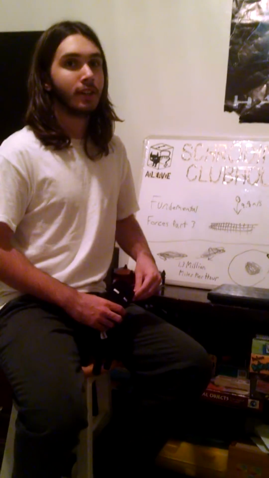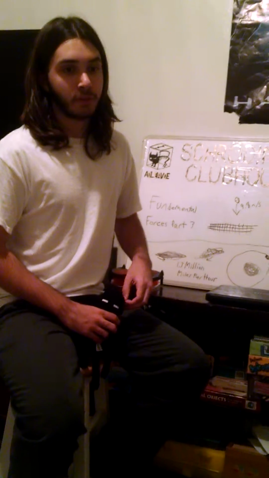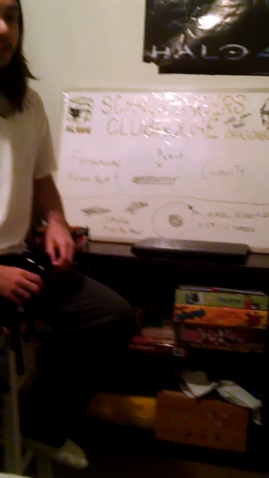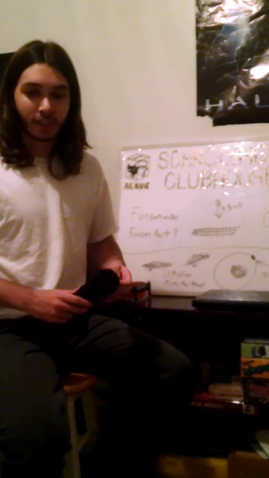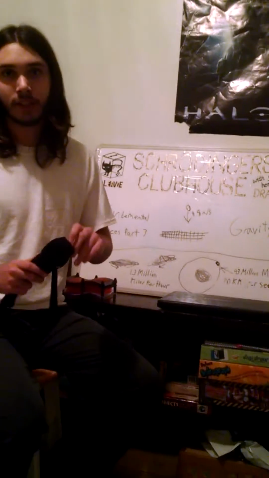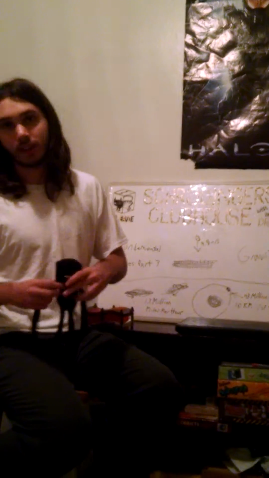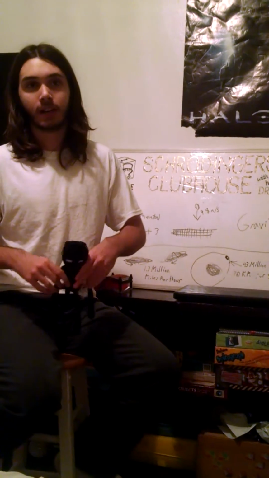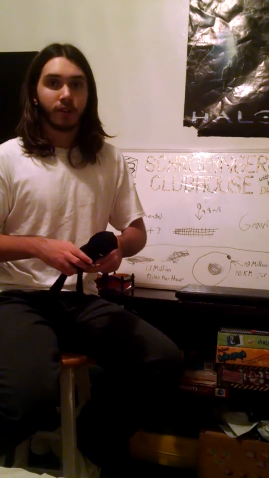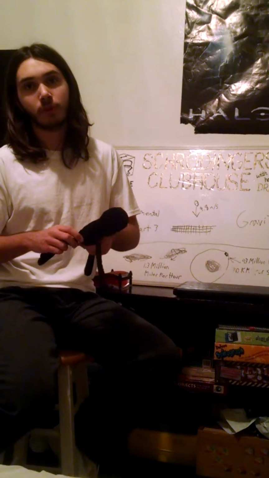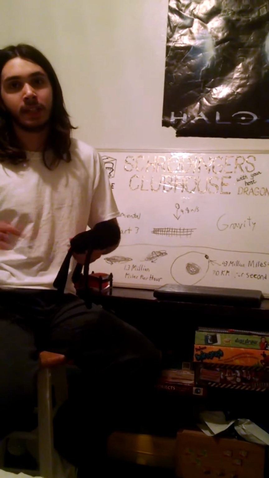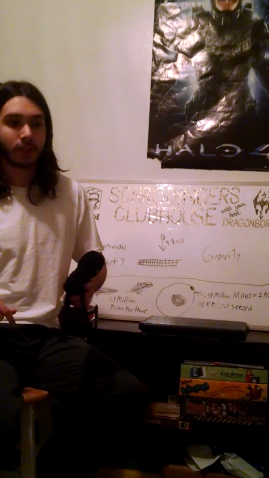So what is it? Well, we're probably already familiar with it, but if we're not, it's essentially the attraction between 2 bodies of either energy or mass. I need to make that distinction, and I have to talk about 2 things first before I get into this any further. E equals mc squared. You probably heard this equation before, probably been able to figure out E equals energy and m equals mass.